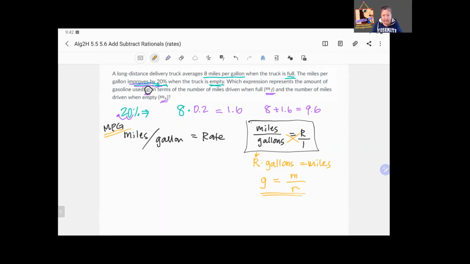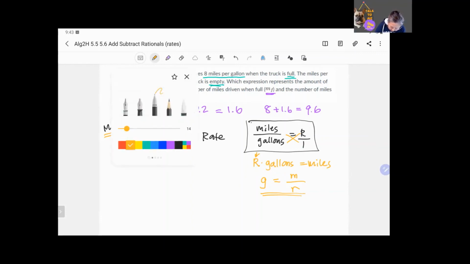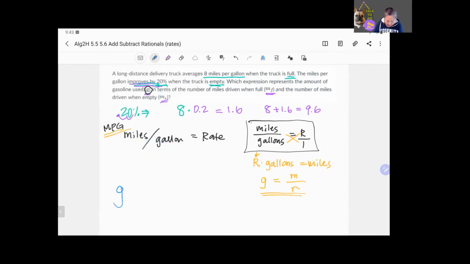We have to come up with separate rational expressions for both. So the total gallons G is the miles it can go fully loaded, M sub F, over the rate.